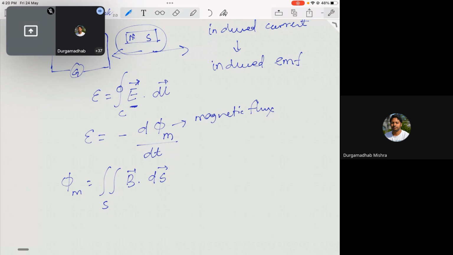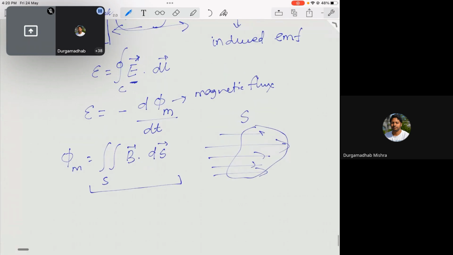Any flux we write in this integral form: the dot product of the vector field with the surface defined by any arbitrary surface S. So if this is my surface, I ask how much magnetic field is crossing through the cross-sectional area of the surface. That is B dot ds, which is the magnetic flux.